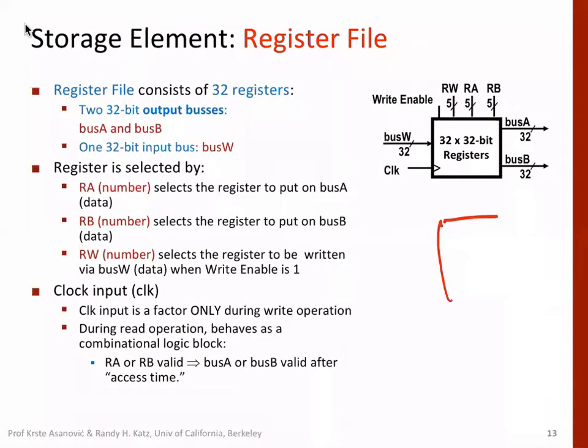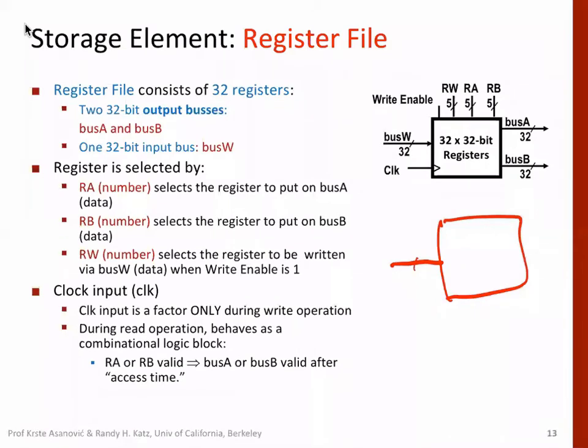How the 32-bit registers are placed inside, what the design is, is not our concern. Then we have one bus for writing. Note that although there are 32 registers, we are writing only into one register at a time.